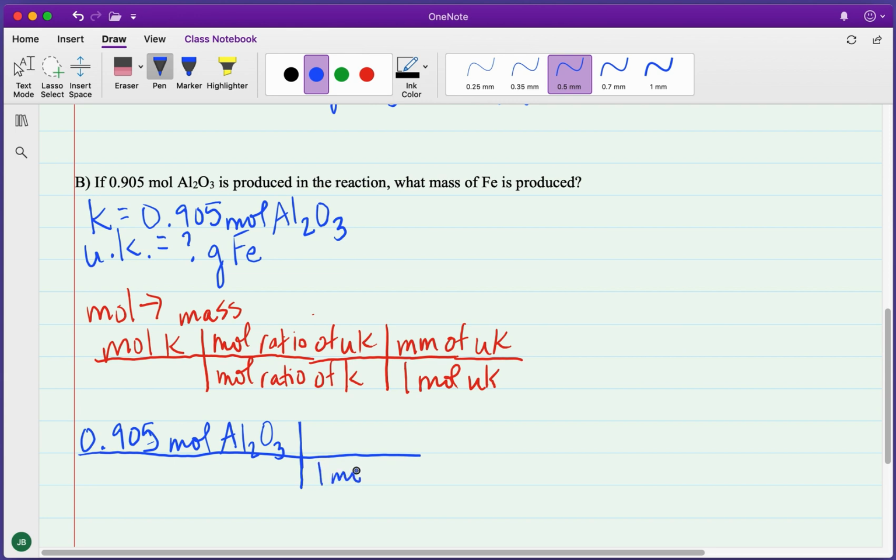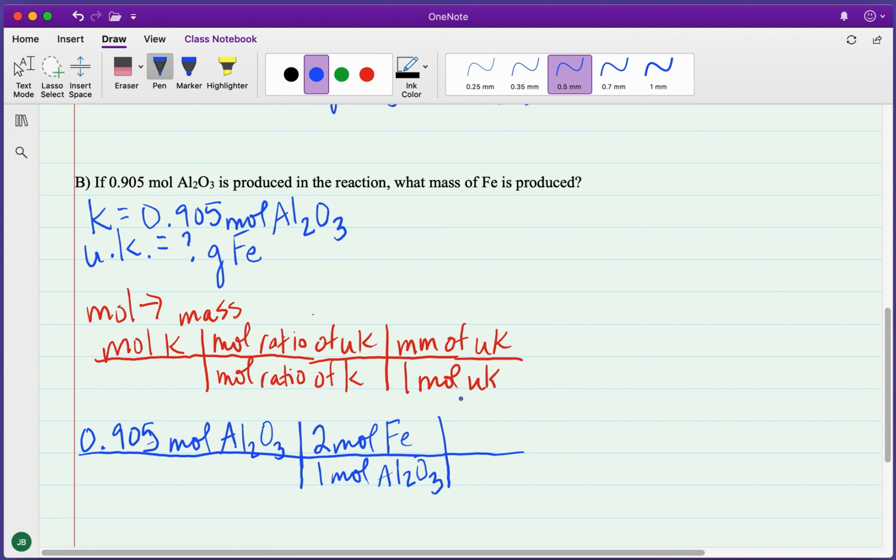So we said there was 1 mole of aluminum oxide. Remember, once again, I'm getting this from the balanced equation, the coefficients on the balanced equation. And we're going to have 2 moles of iron.